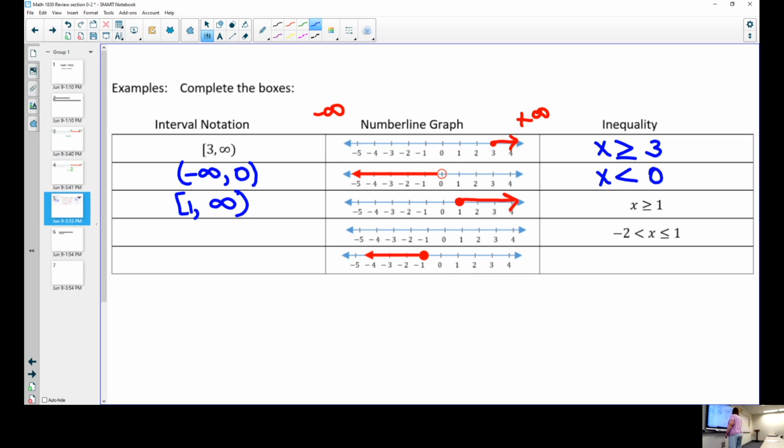Now, the -2 doesn't have an equal to, so that means the -2 gets an open circle, and the 1 gets a closed circle. And if X is between those two, you shade between. So you might want to make yourself a note that if it's between, this just means that you're going to shade between.